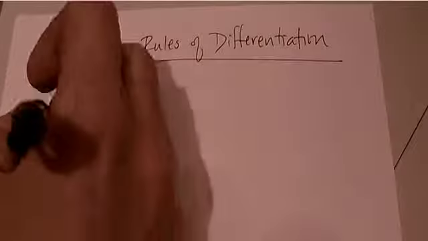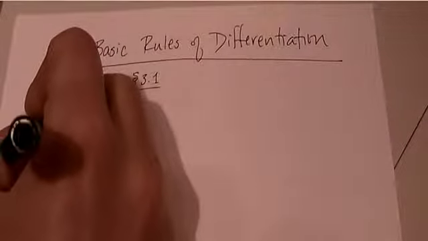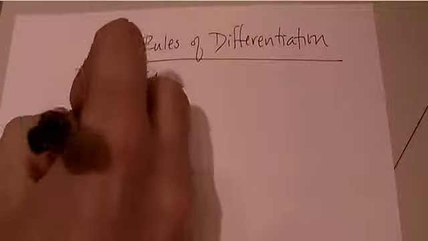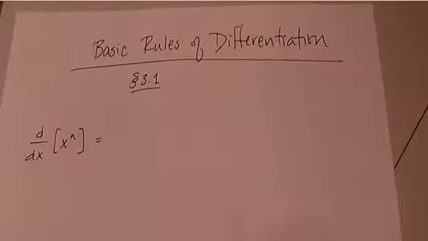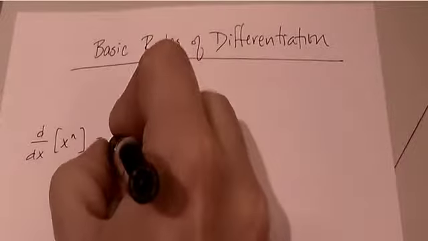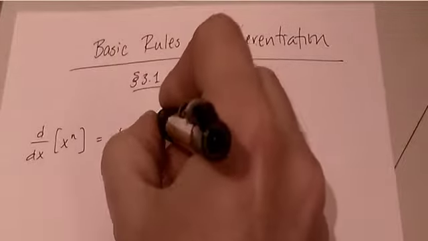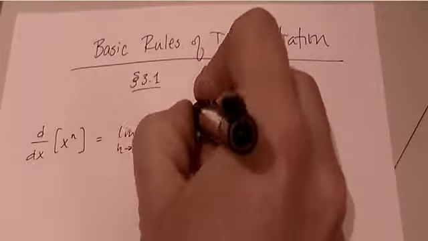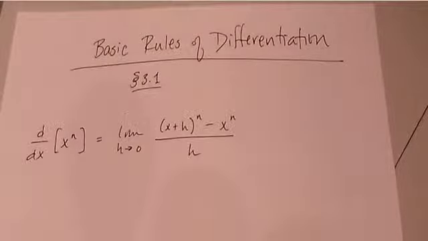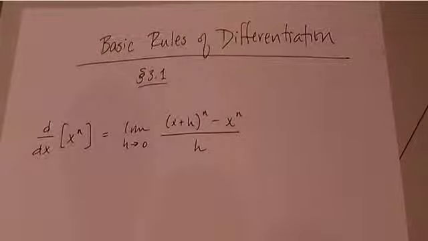Now, remember that when we're dealing with taking derivatives of powers, I know that the derivative of x to the n, if I want to put it in terms of the limit definition, sort of in general, is going to be the limit as h goes to 0 of (x plus h) to the n minus x to the n, all of that over h, right?